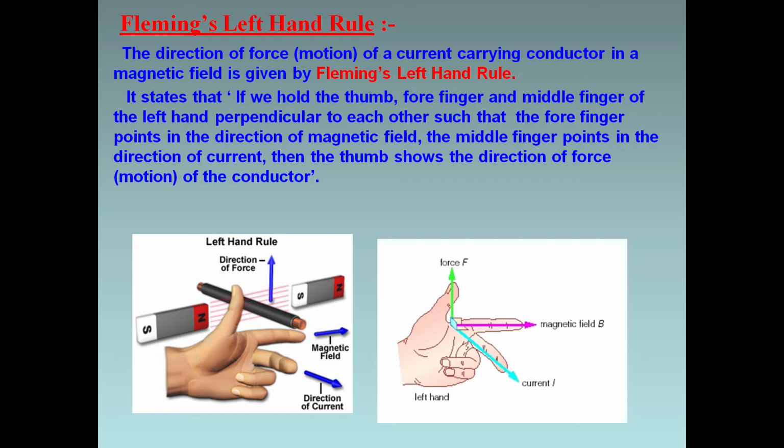So here in this case, we know the direction of magnetic field, we know the direction of current, but direction of motion of conductor is not known to us, and that is given with the help of this thumb. So this rule tells us the direction of force or motion of a current carrying conductor placed in a magnetic field.